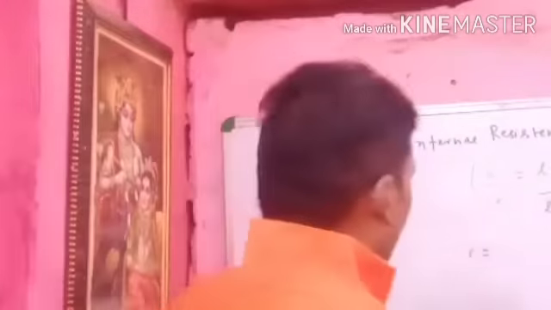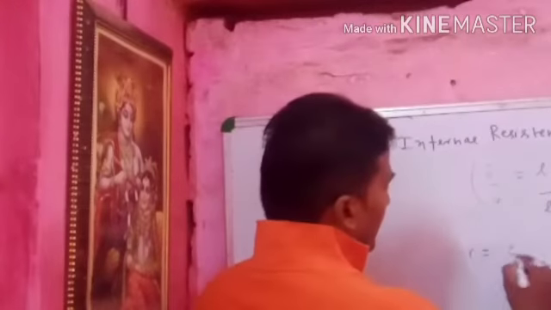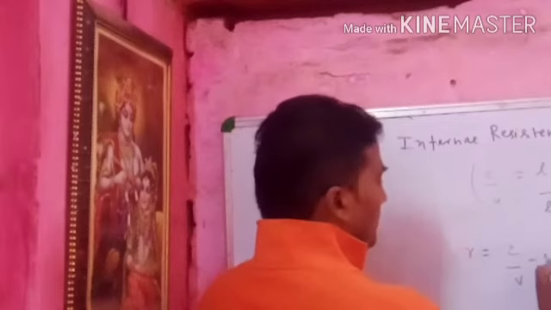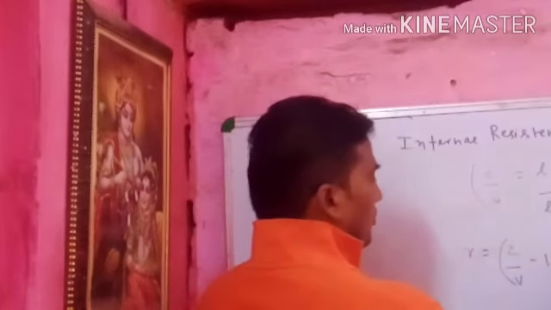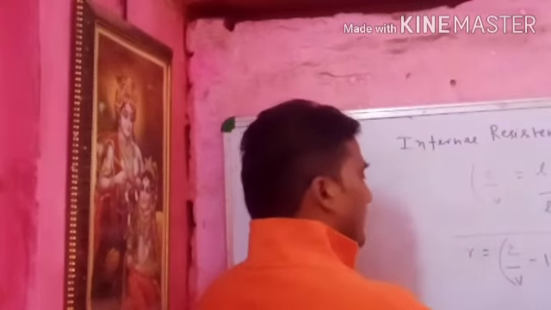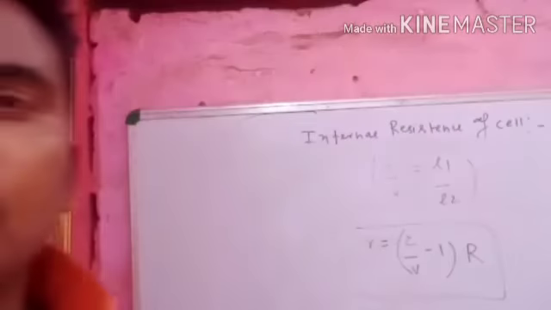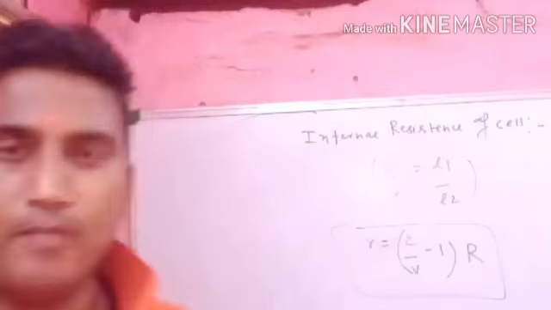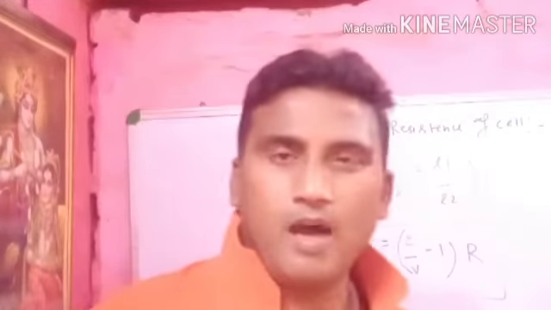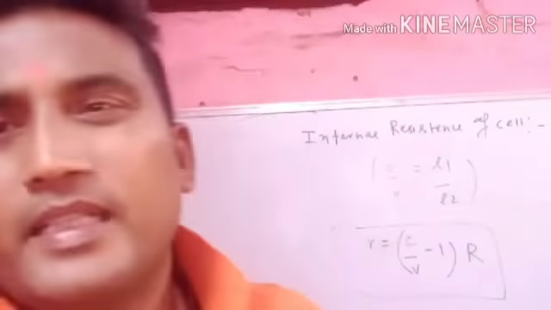r is equal to E by V minus 1, into capital R. What is the capital R?